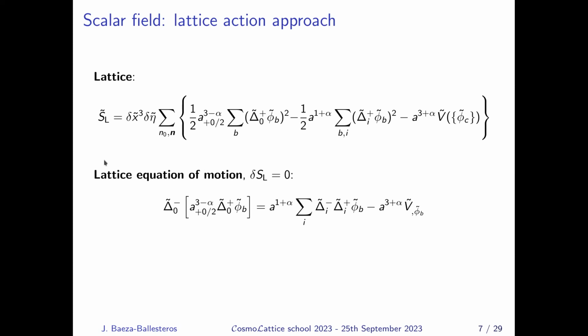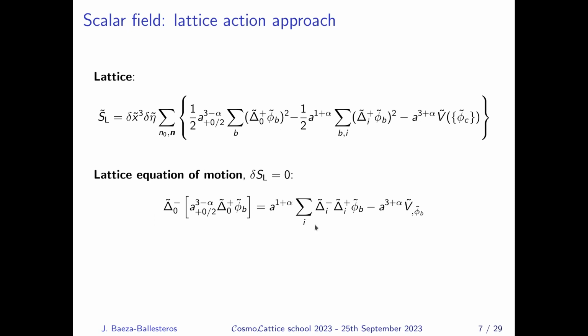The first thing I want you to notice is that even if the prescription we used to discretize the equations of motion was to substitute the derivatives by forward derivatives, after applying the variational principle we get backward derivatives in our equation of motion. This is not in contradiction with what we did. It is just the result of applying the variational principle.